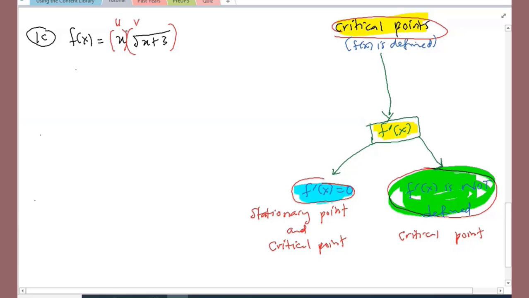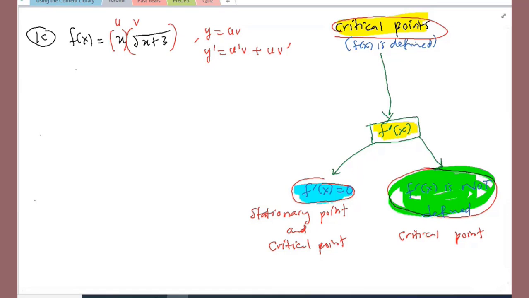What rule should we apply? Product rule.